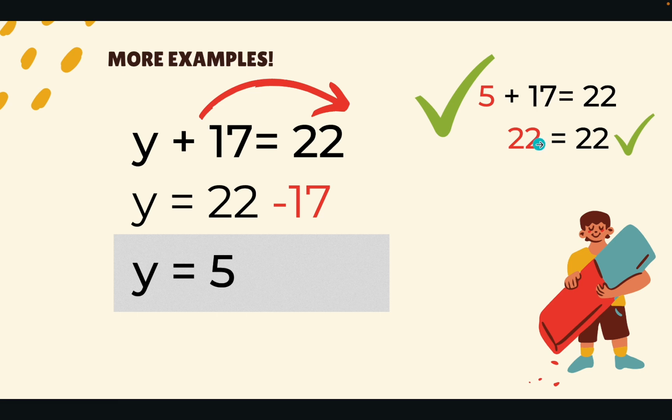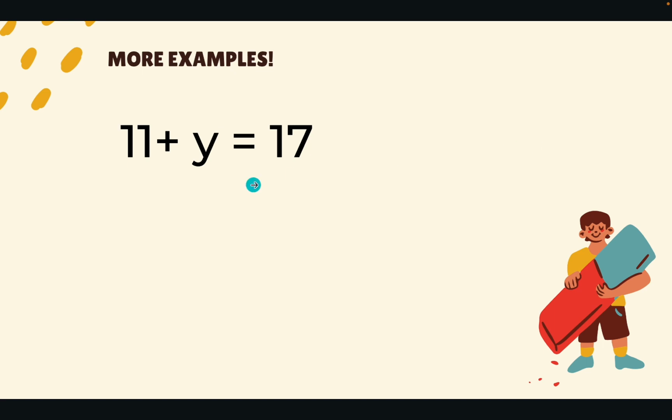Let us have another example. I have here 11 plus y equals 17. So how are we going to solve for the value of y? Again, we are going to transfer or transpose 11 to the other side.